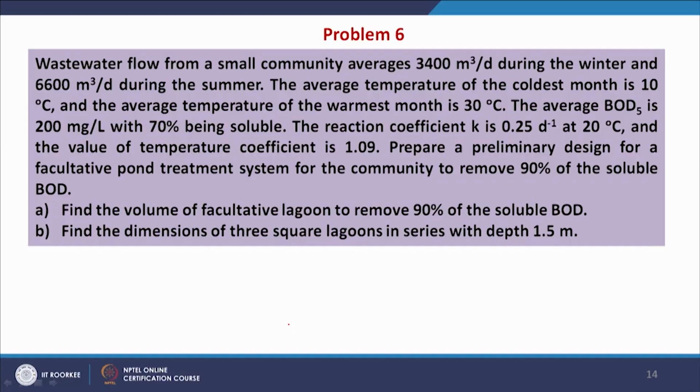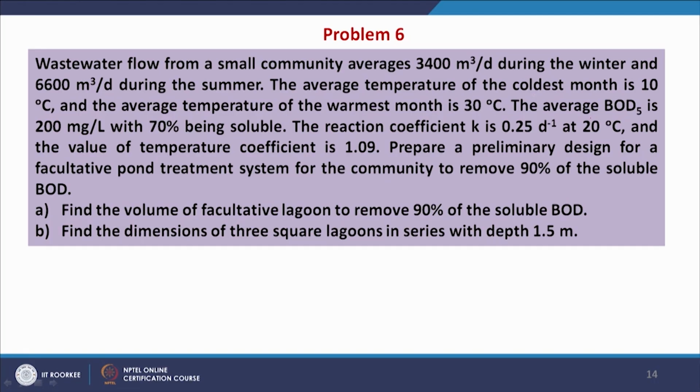Next, problem number 6. Wastewater flow from a small community averages 3400 meter cube per day during the winter and 6600 meter cube per day during the summer. The average temperature of the coldest month is 10 degree centigrade and the average temperature of the warmest month is 30 degree centigrade.